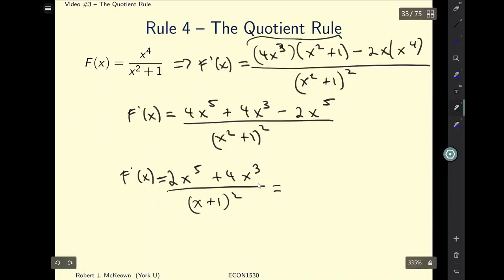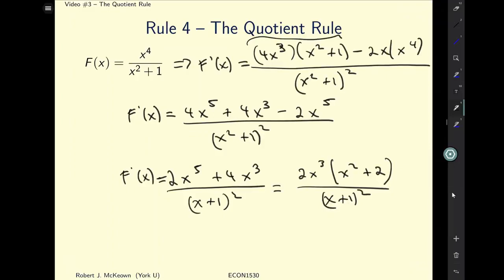And I could factor out a 2x cubed, and that would leave an x squared plus 2. And we're stuck. And so that's as much simplifying as we can do with this expression.